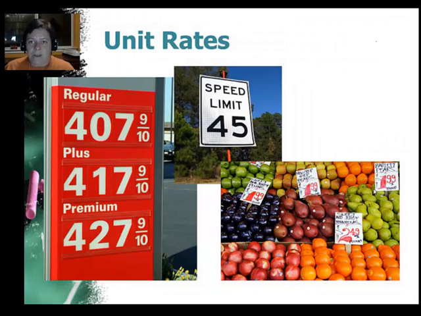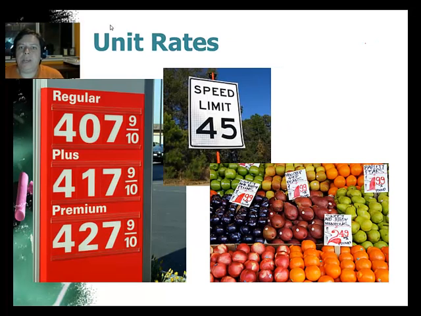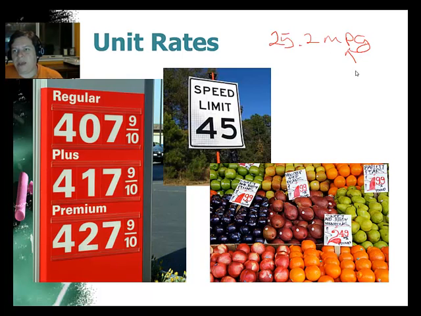And here you can see, again, prices, speed limits. Okay, so in your example in your notes, it gives you this unit rate, which is 25.2 mpg. Anytime you see the P, that usually means per, and you have the other 2 stand for miles and gallons. So per is like the division bar.